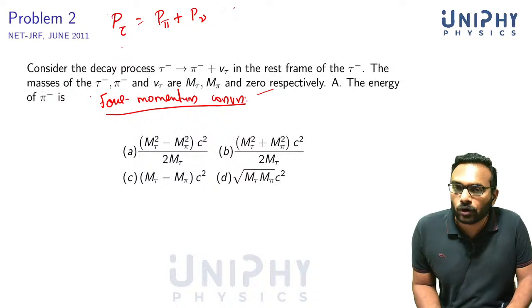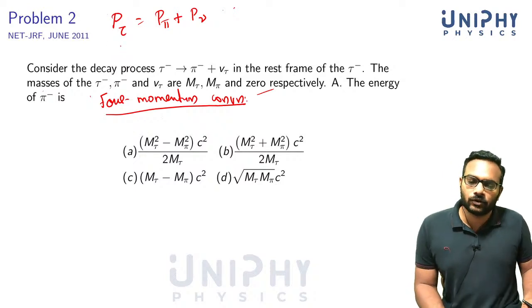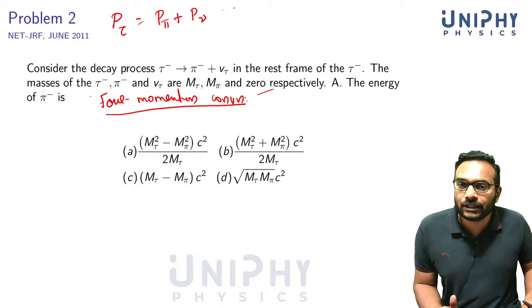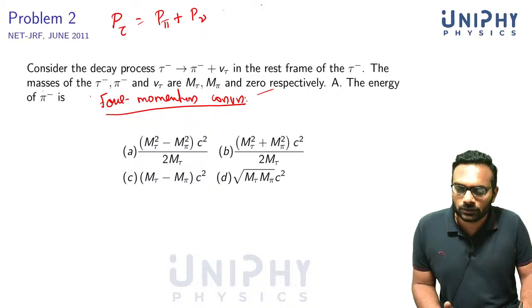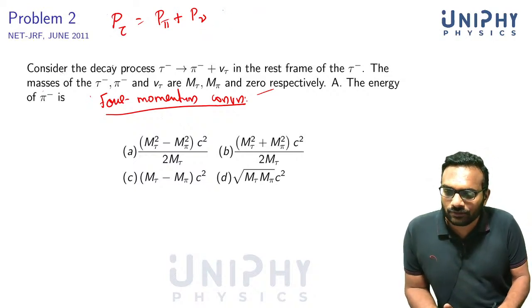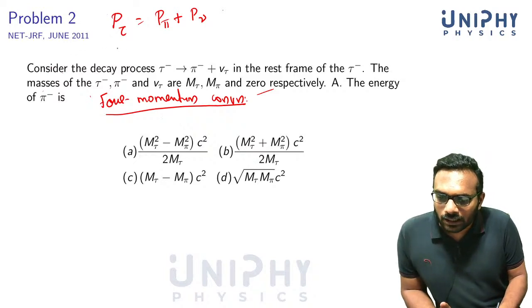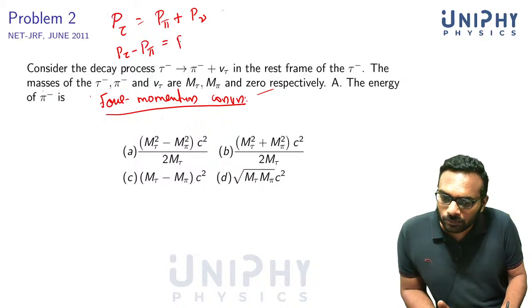This means that the 4 momentum of the decaying particle is equal to the sum of the 4 momenta of the product particles, the pi and nu. It is most convenient to write this equation in this form: P tau minus P pi is equal to P nu.